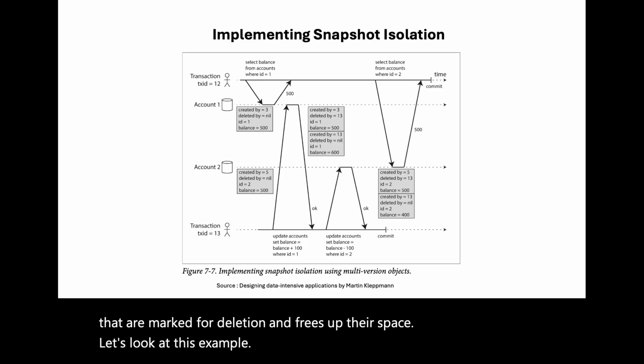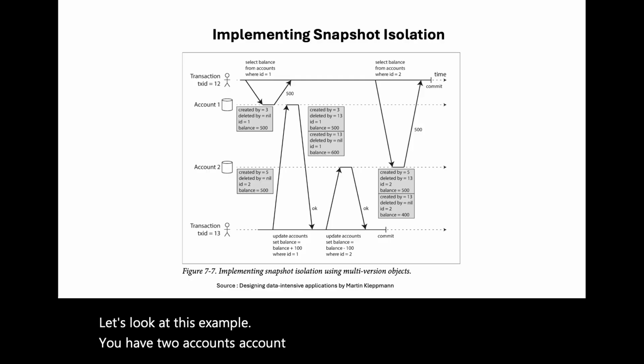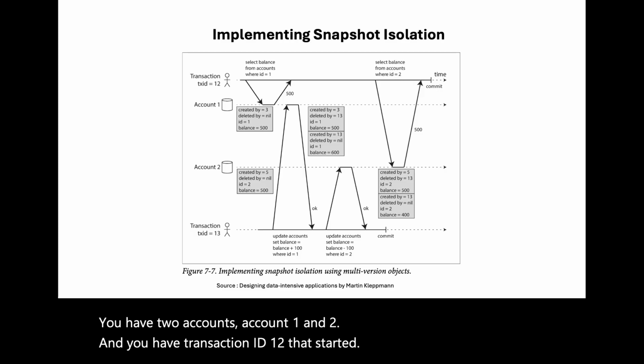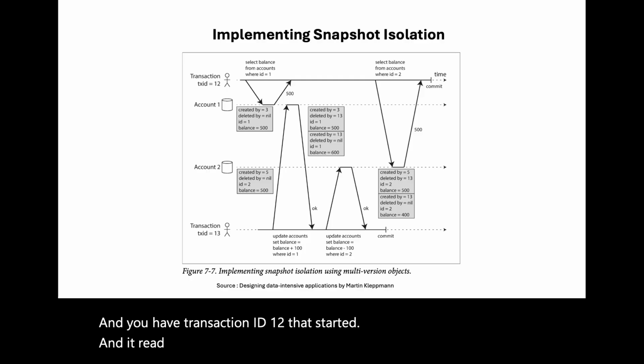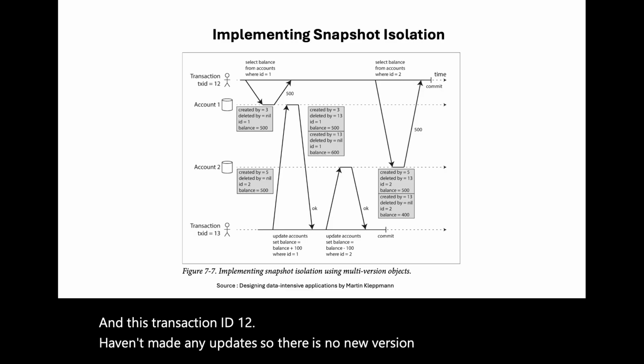You have two accounts, account 1 and 2, and you have transaction ID 12 that started, and it read the balance from that account and it got 500. This transaction ID 12 hasn't made any updates, so there is no new version created for that object.